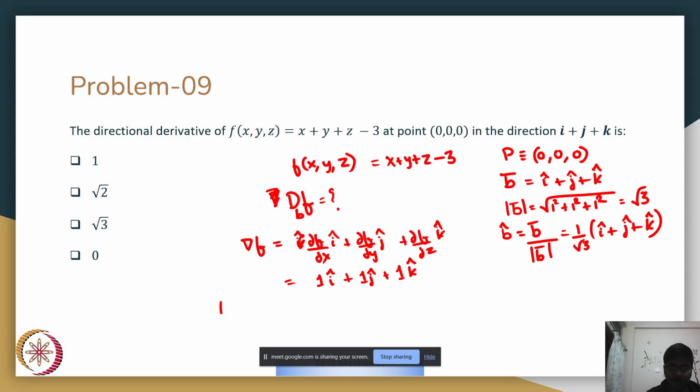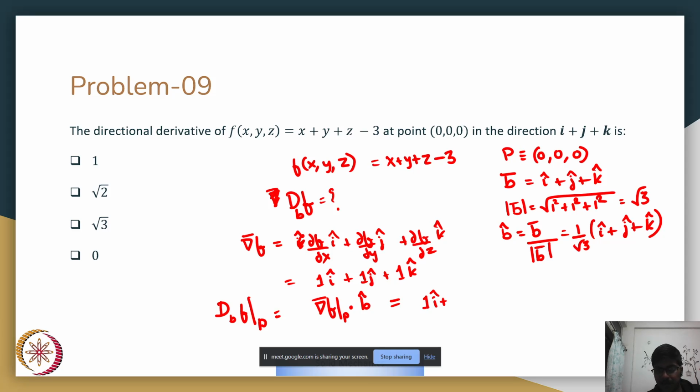And if you now want to calculate it at point P, that is nothing but the gradient of f at point P dot b hat, but the gradient of f itself is independent of the point xyz, so it will always be this particular value.